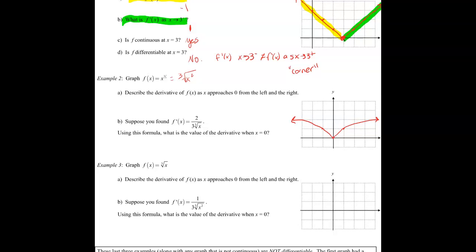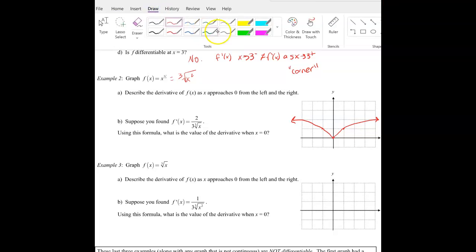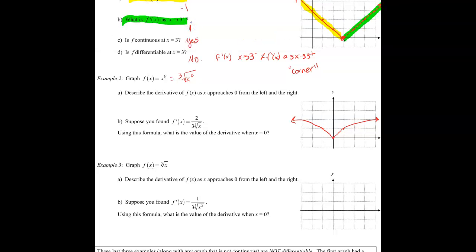Alright, so describe the derivative of f as x approaches 0 from the left and the right. I'm going to try my best to show this. Basically, as x approaches 0 from the left, it's going to get steeper and steeper and steeper as it's approaching 0.